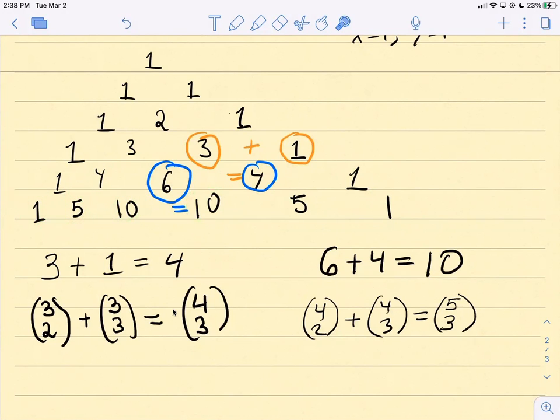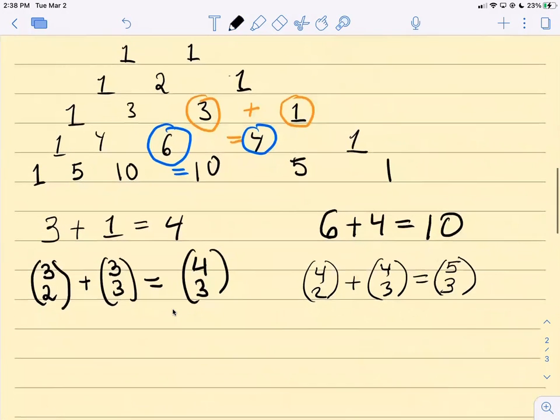Okay. So what do you guys think is a general pattern for this rule? If I have two numbers next to each other in the nth row, so let's say I do n choose r minus 1 plus n choose r.